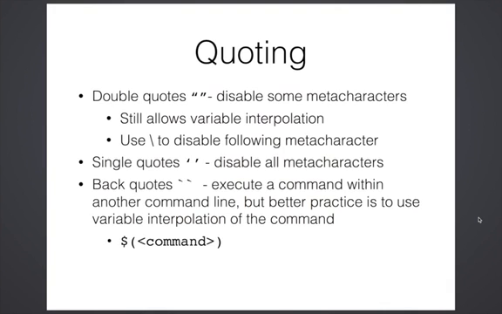Or if you know that you don't have any variables or meta characters that you want to expand or interpolate, but you want to use them in a command, you can use single quotes, which disables all of the meta characters within the command. And then there are also back quotes.